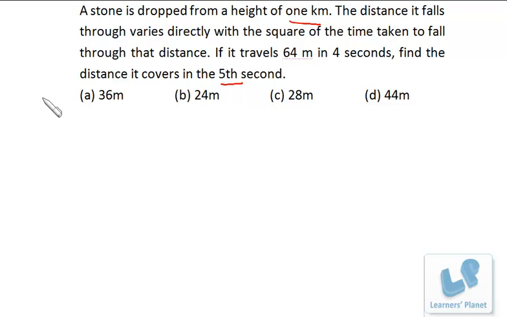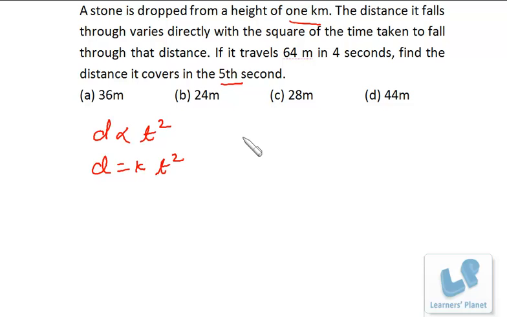Friends, let's assume the distance traveled by the body is d meters in t seconds, and we have been given the distance varies directly with the square of the time taken. That means d is proportional to t square. To remove the sign of proportionality, we need to put a constant. That means d is equal to k t square.